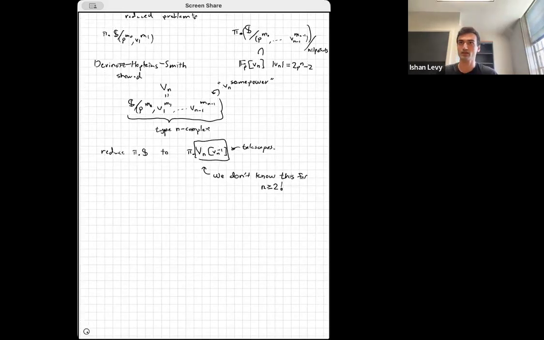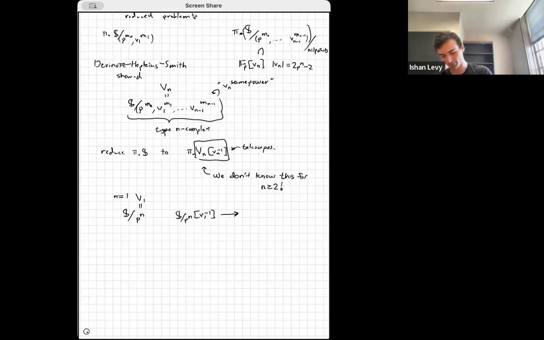And here's one way to think about it. So first, let's think about what happens when n equals 1. So for n equals 1, what's the reason that we can understand the sphere? So V1 is just maybe the sphere mod p to the n. And the reason we can understand the homotopy groups of the sphere mod p to the n after inverting V1 is because of an isomorphism of spectra.